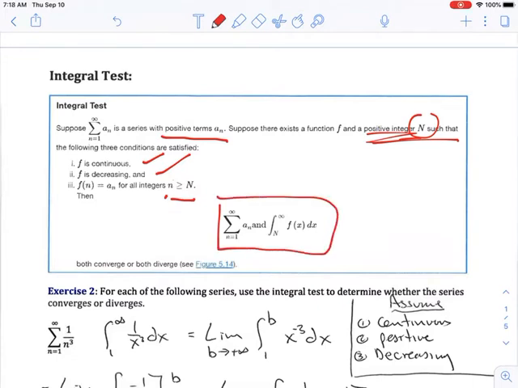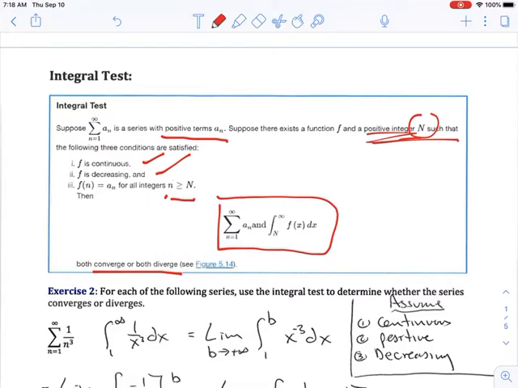Basically what it says is the series and the function value both converge or both diverge. So what this is saying is that to determine if a series converges or diverges, we're going to create an equivalent function, and we're going to integrate it.